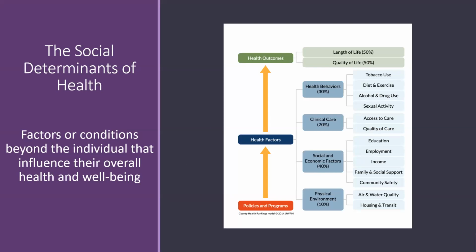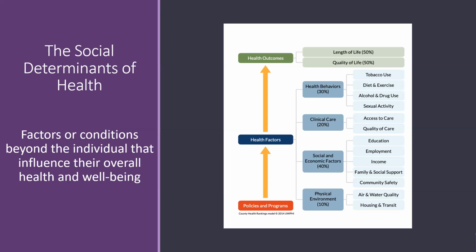So why does this matter, and how big of an influence do the social determinants have on an individual's health outcomes? If you've seen this before, you know that it comes from the County Health Rankings model. This is a model that they put out in 2014, the same time that the Cooperative Extension Framework for Health and Wellness came out.